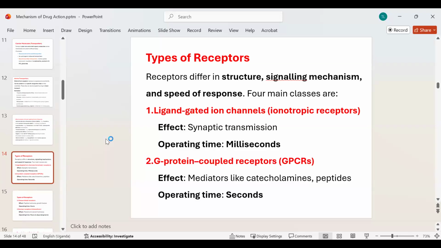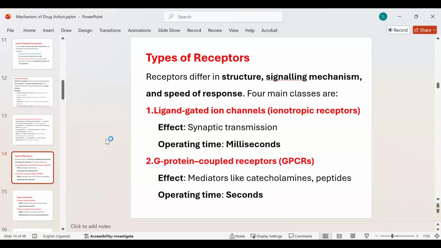But what you need to understand is how they work. You are going to see that we are basically talking about the same thing, the protein targets, because receptors are protein in nature. It is basically the same thing we've been talking about, only that we are going into much more detail here, and perhaps we can also talk about the signaling.